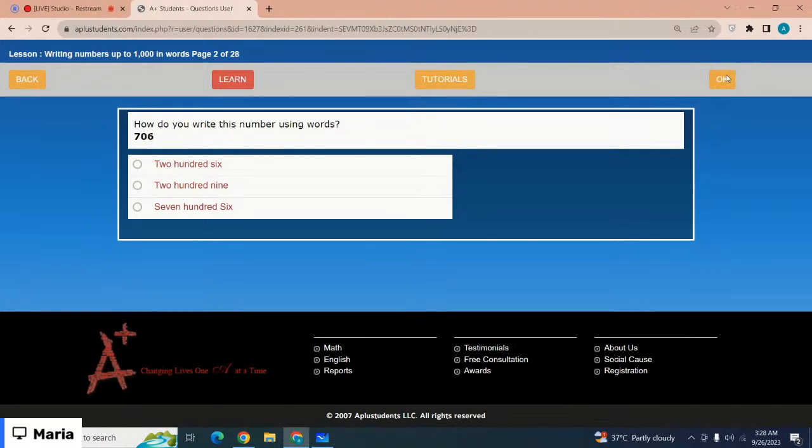That is 700 and 706. Very good. That would be the last option, right? 206, 209. The last one is the correct option. That is 706, right?